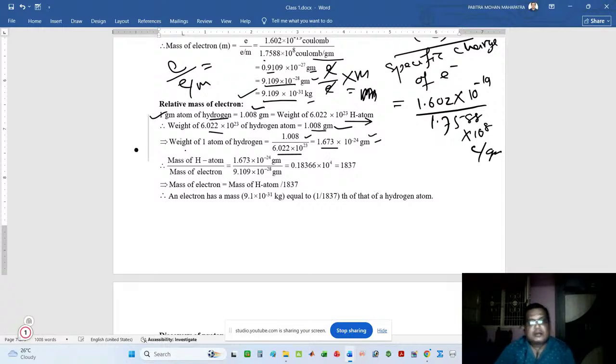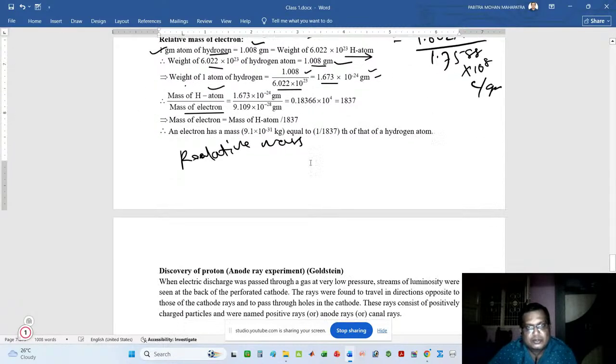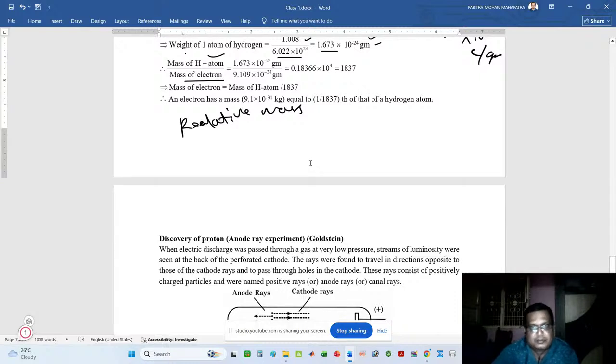Our target is to find the relative mass of the electron. For the relative mass of the electron, you can say the mass of the hydrogen atom divided by the mass of the electron. In the upcoming time, I will discuss the relative mass of the proton.